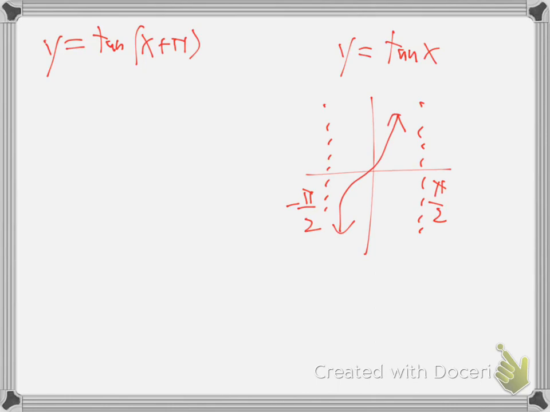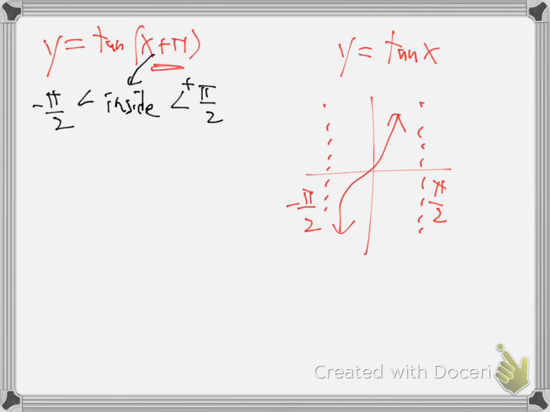That's the normal one. What's going to happen when you stick that plus pi in there? Well, the easy way to figure that out is you take whatever they put on the inside, this, and you just stick it between negative pi over 2 and positive pi over 2. And then you solve.